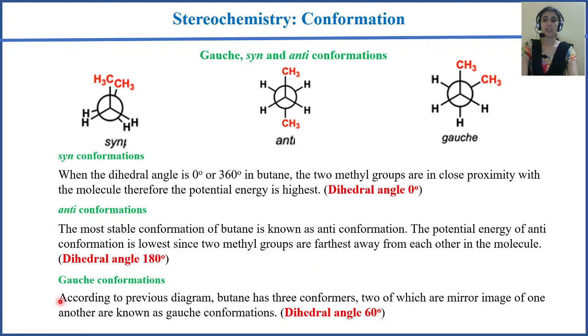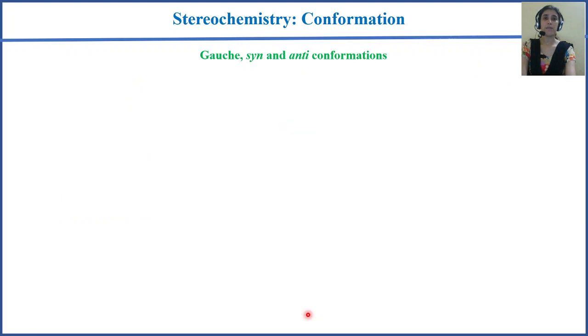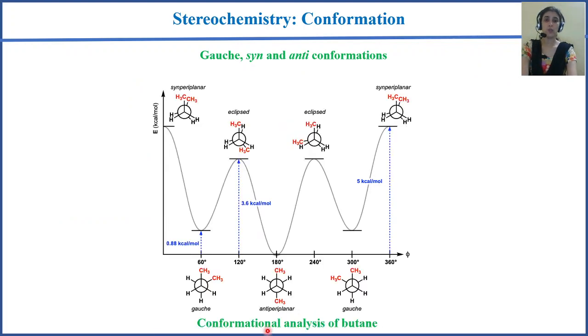Let us consider this one. We are here before going to the previous slide. According to the previous diagram, butane has three conformers, two of which are mirror images of one another and known as gauche conformations. Now, it is very important to know that here is one conformer, and here is another conformer, that is two conformers.